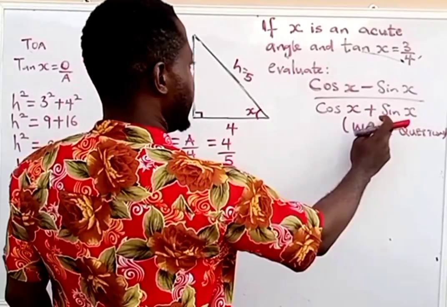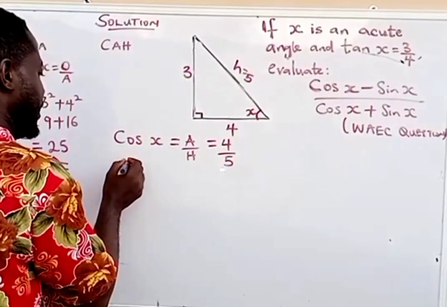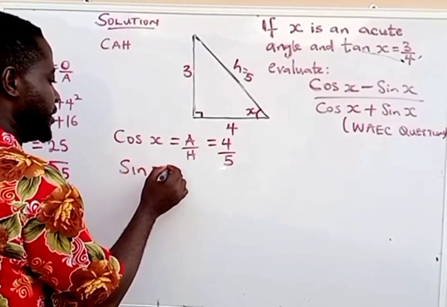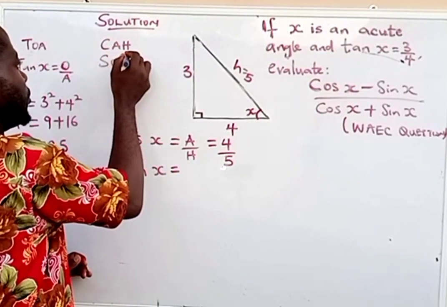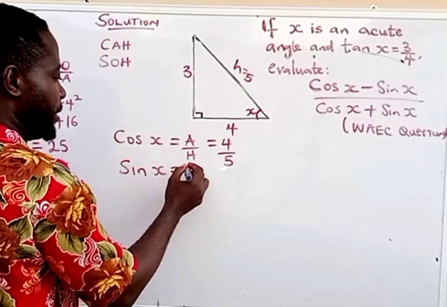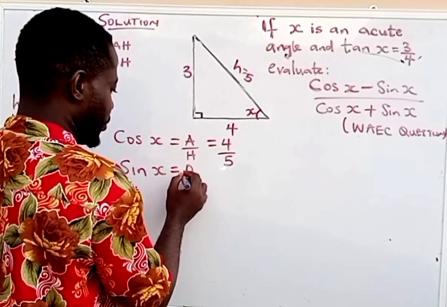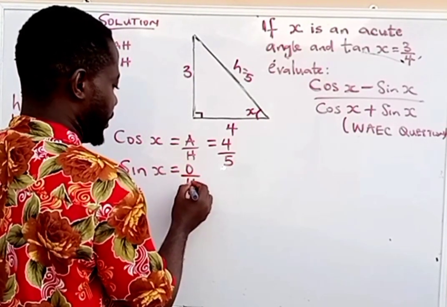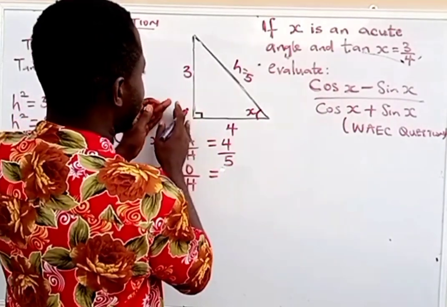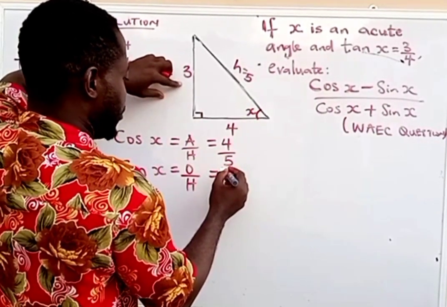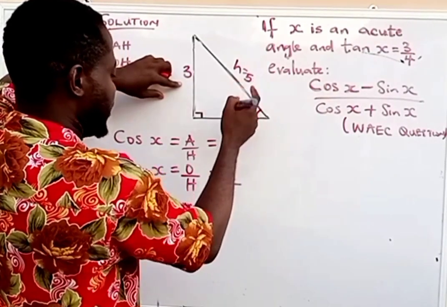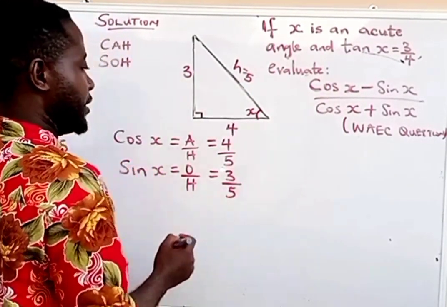The next one is sin x. Sin x equals opposite over hypotenuse. From our diagram, the opposite is the side facing angle x, so we have 3, and the hypotenuse, the longest side, is 5. So sin x is 3 over 5.